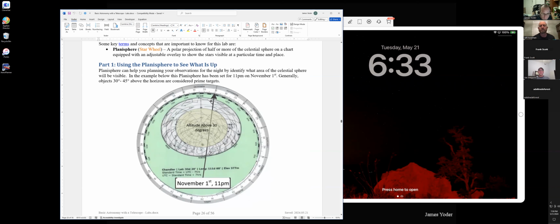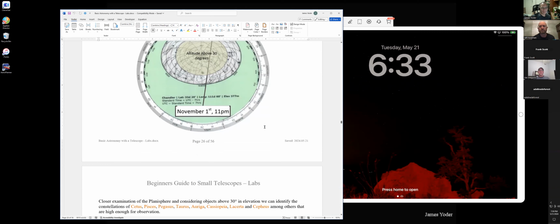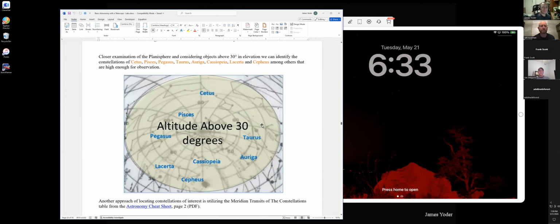It's not so easy to see the time on there, but you set the time to whatever the date is, and then it gives you an idea of what's up at that point in time. In this example, I zoomed in on it. You can see Cetus, Andromeda, Cassiopeia, and so forth. Pegasus are high in the sky at this point in time for that date.